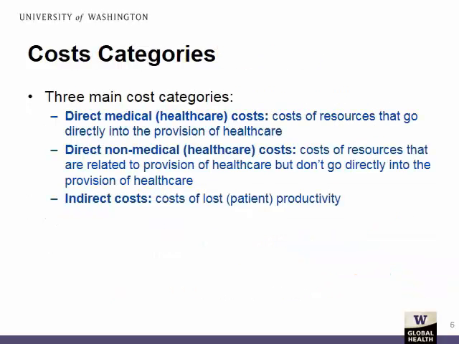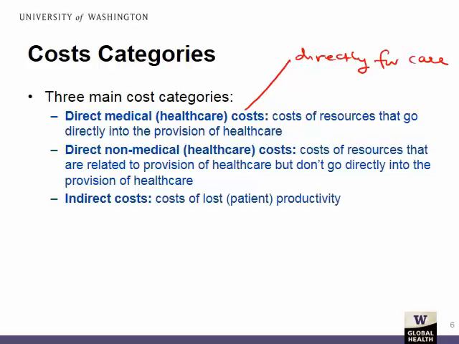Let's now move on to cost categories, and there are 3 cost categories that we use for quantifying healthcare interventions, and these are direct medical or healthcare costs, direct non-medical costs, and indirect costs. Now, direct medical costs, they go directly into the provision of care.